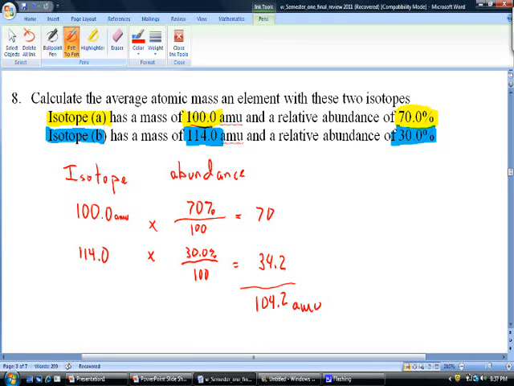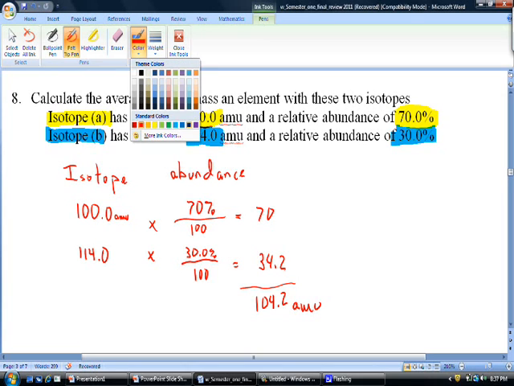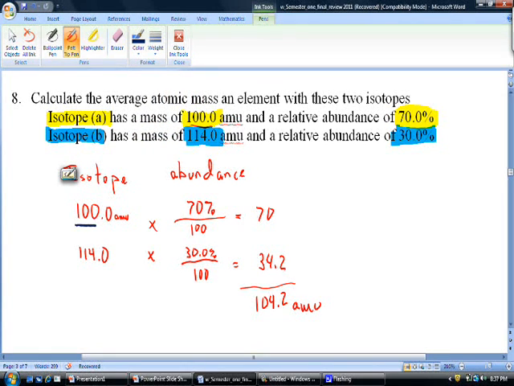So it looks like we've already got this kind of solved here. Our 100 atomic mass units, 100 AMU, times 70%, because that's what 70% really is, right? 70 divided by 100, 70 per 100. So 100 times 70 divided by 100 is 70.